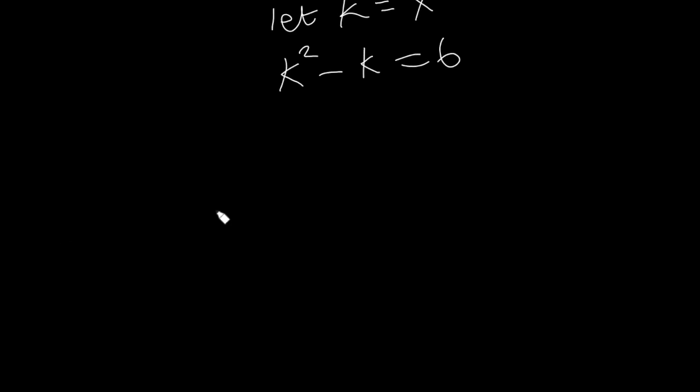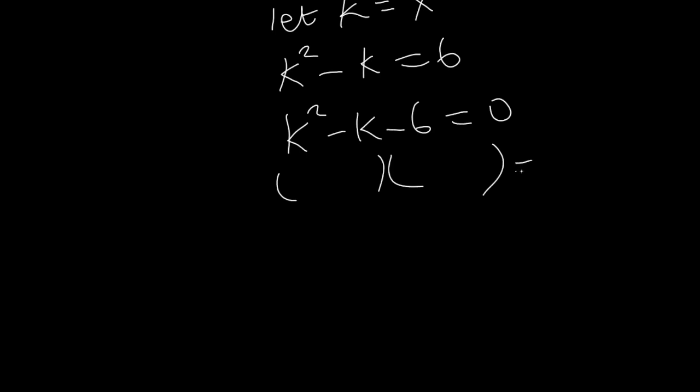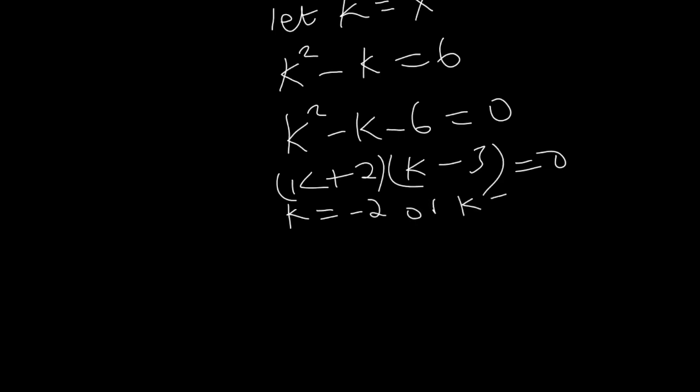So put everything in the standard form of a quadratic equation, and if it's possible, we factorize. The factors are negative 3 and positive 2, so k is equal to negative 2, or k is equal to 3. But we are not solving for k.